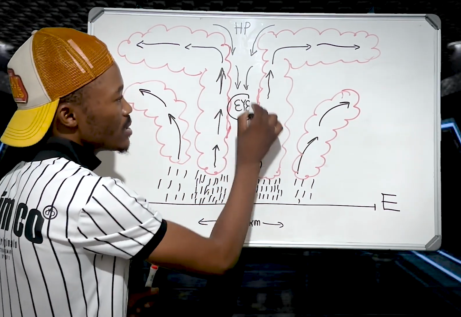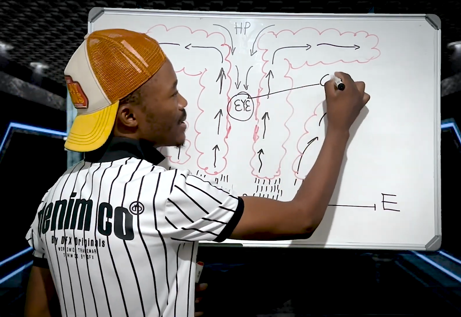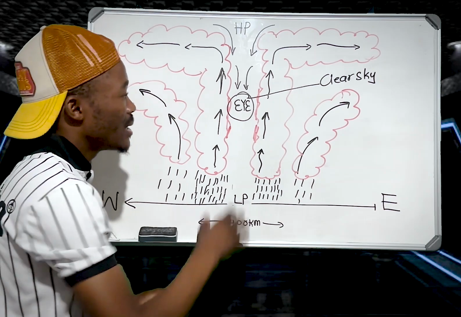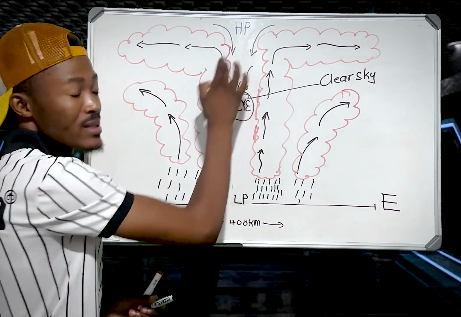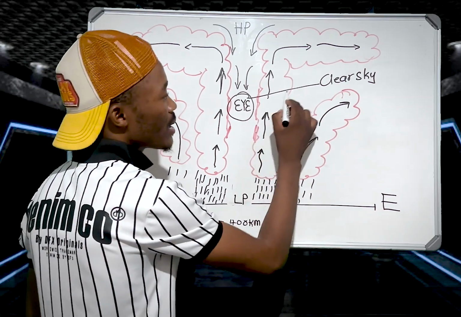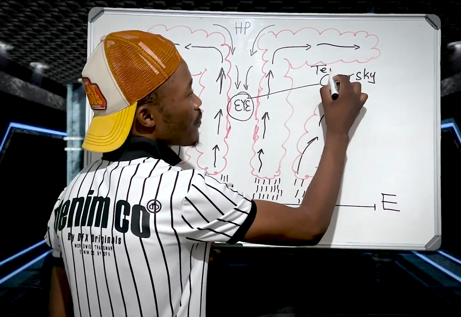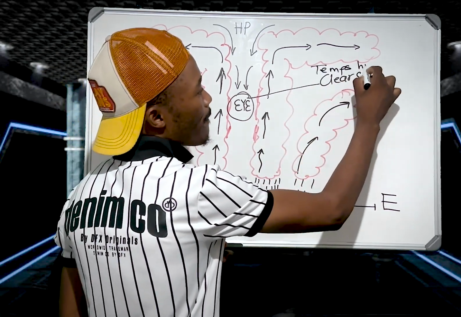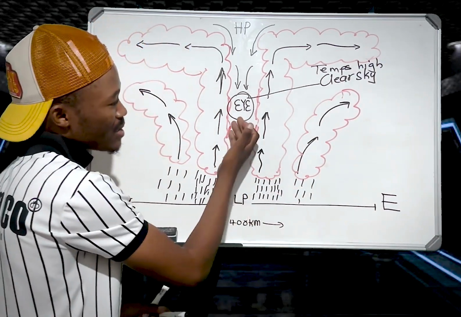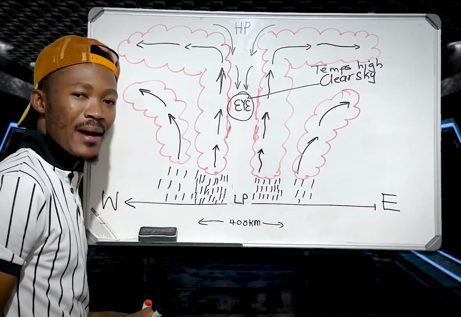So when you say at the eye there are clear skies, at the eye there are clear skies since air is sinking in this area. We are having temperatures that are higher. At the eye, we have warm temperatures. Temperatures are higher at the eye.